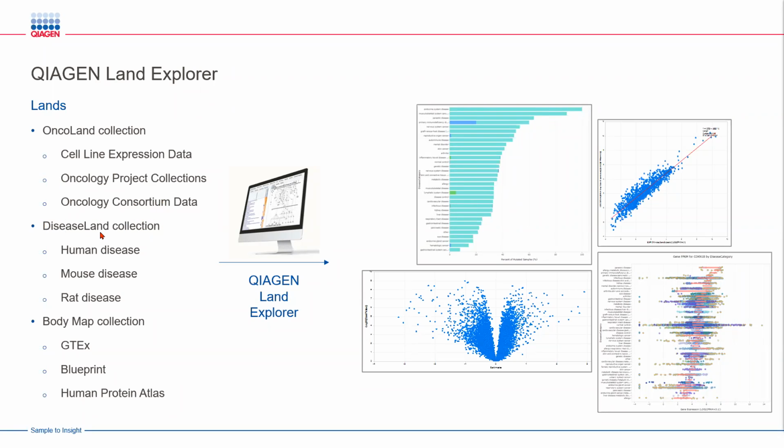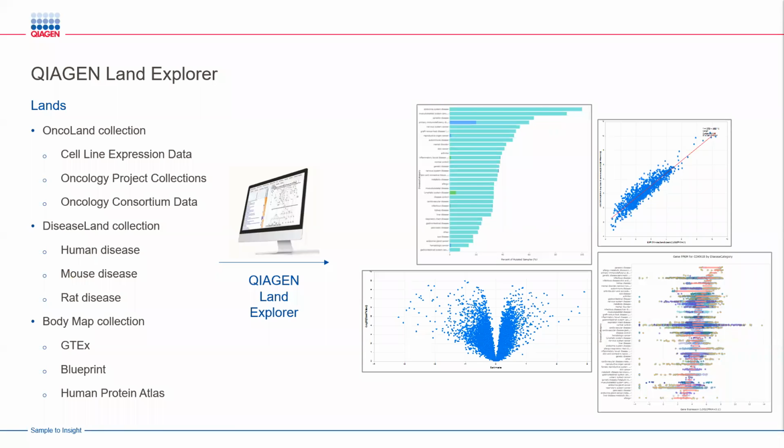The next one is our Disease Land collection. This would be your non-oncology related diseases. If you're working with infectious diseases, neurological diseases, or immunological diseases, those will be under your Disease Land collection. This is divided into your human, mouse, and rat diseases.